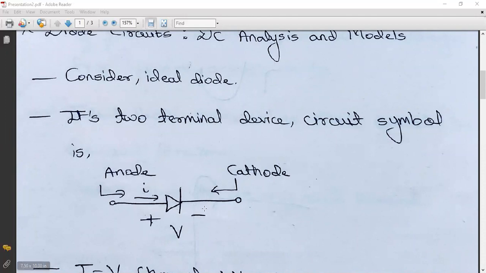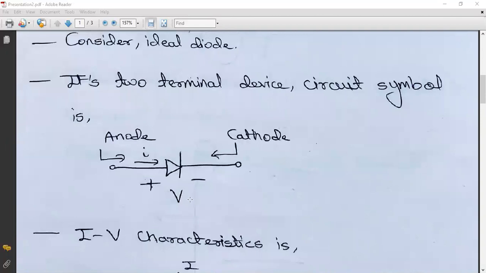The tip of the arrow is called the cathode and the other part is called the anode. Voltage is applied and current will flow from anode to cathode. Current will always flow in one direction only, therefore it is also known as a unidirectional element.